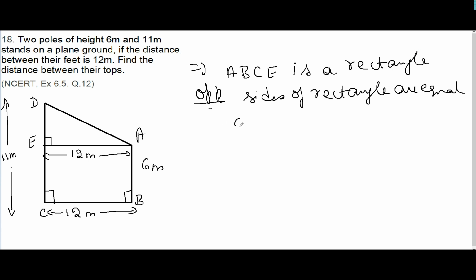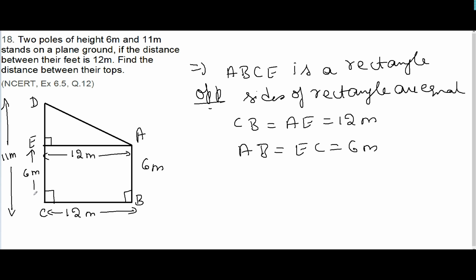So I can say CB will be equal to EA, which is 12 meter. Similarly AB is equal to EC, which is 6 meter. CD is given to be 11 meter.